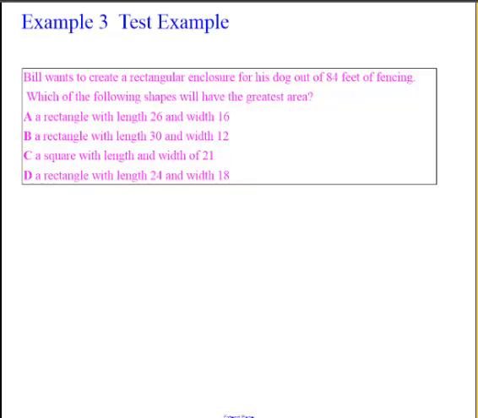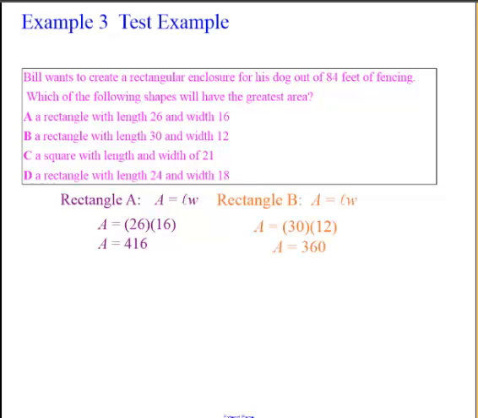So if we look at choice A, a rectangle with a length of 26 and a width of 16, to find the area, we would just multiply the length times the width and we get an area of 416. So let's try B. We have a length of 30 and a width of 12, so if we multiply them together, we would get an area of 360.